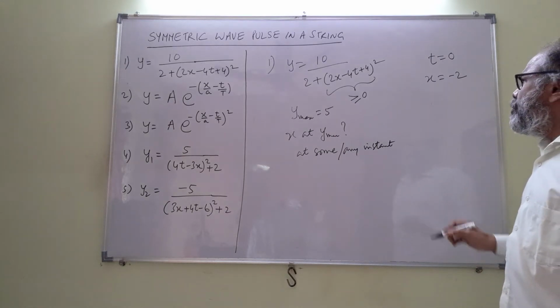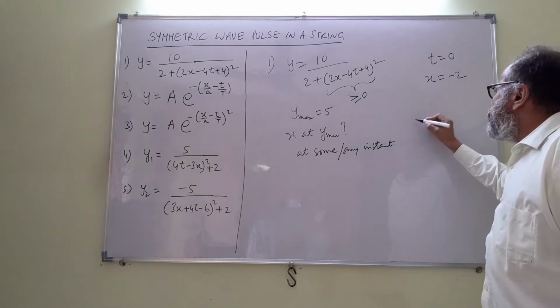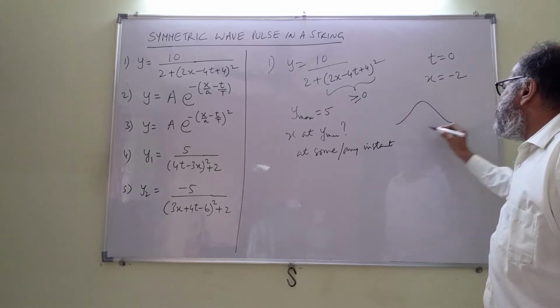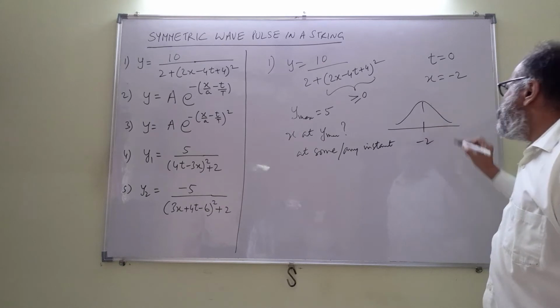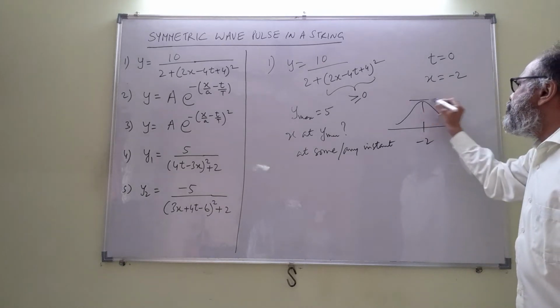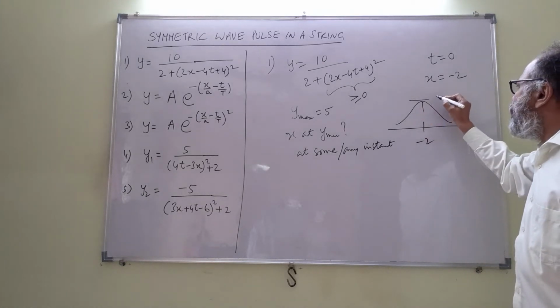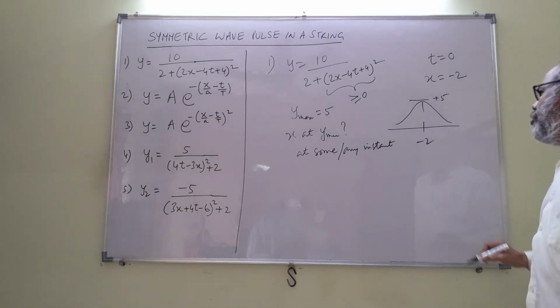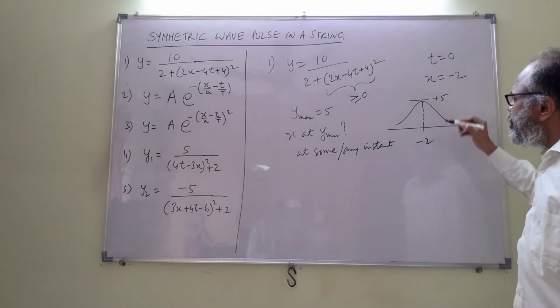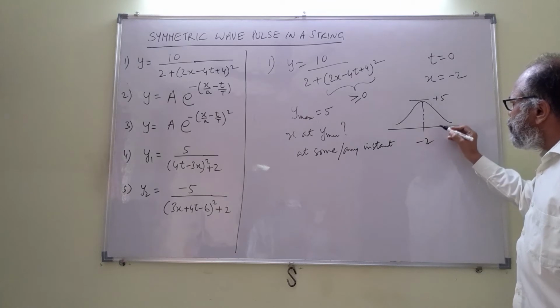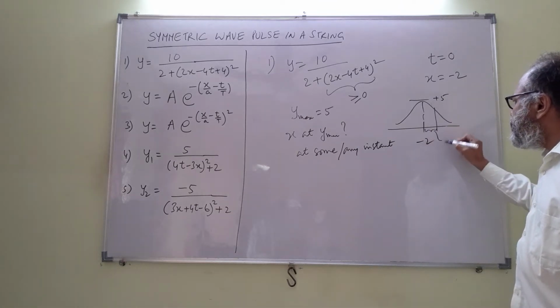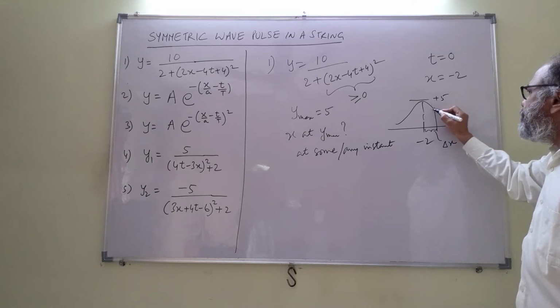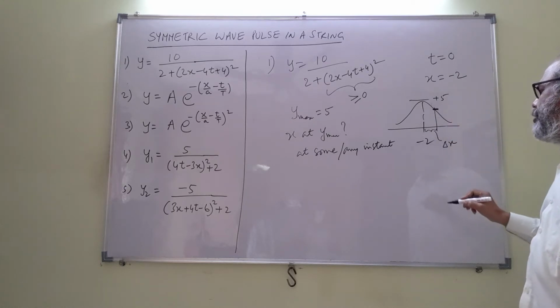So now we need to check. So we know that is a maximum like this, and this is at minus 2. This maximum value is 5 plus 5. Now what we need to do is check if we go to the right by a certain distance delta x, y will change and there will be a certain value.